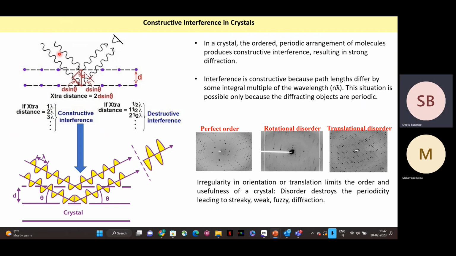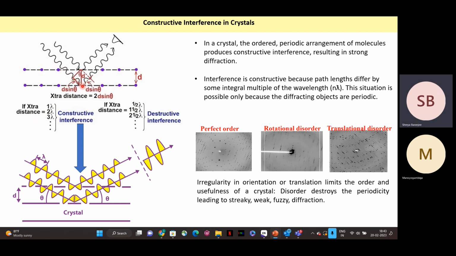If you consider these two light rays as X-rays in this case, this X-ray is reflected from the upper surface of the crystal and it reaches your eye. But this X-ray comes and is reflected from the lower surface. So this X-ray travels an extra distance, which is equal to 2d sine theta.